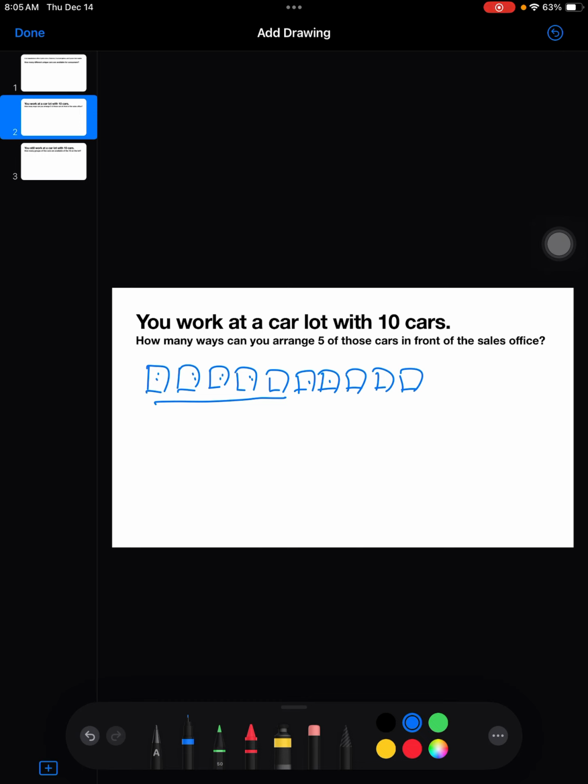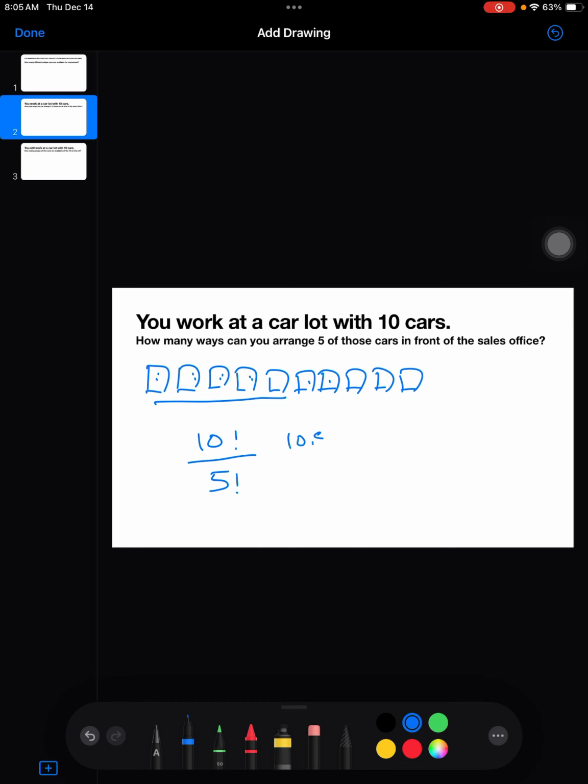And so luckily, we can refer to factorial. You've got 10 total cars, and so imagine 10 times 9 times 8 times 7 all the way down to 1. And we're just going to divide that by 10 minus 5, which is 5 factorial.